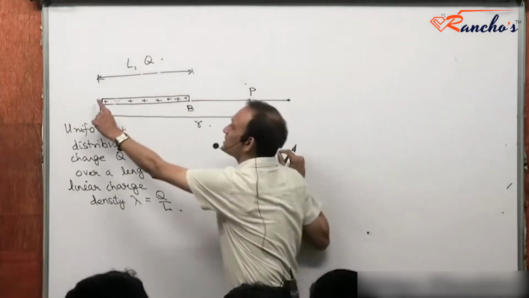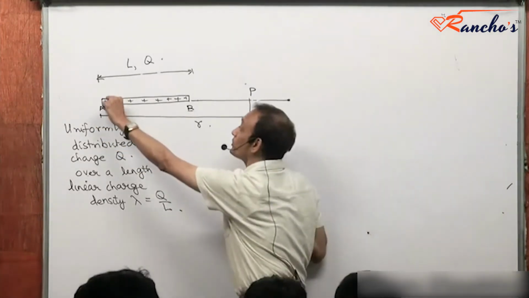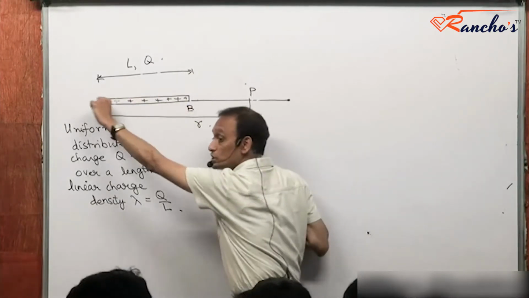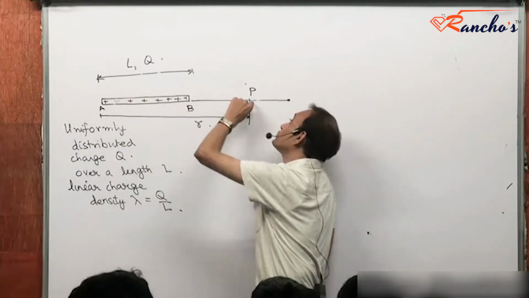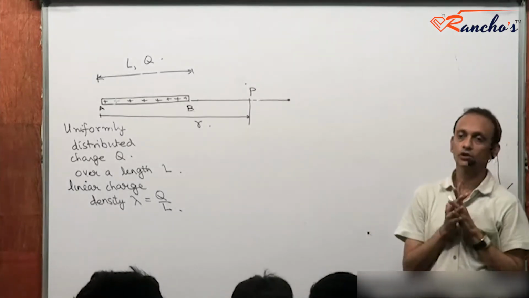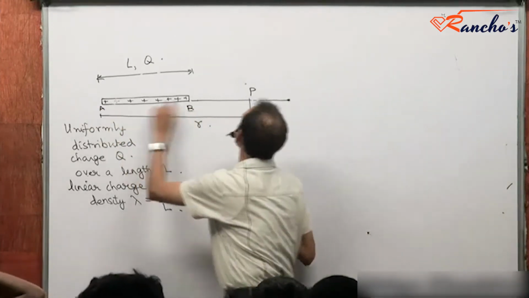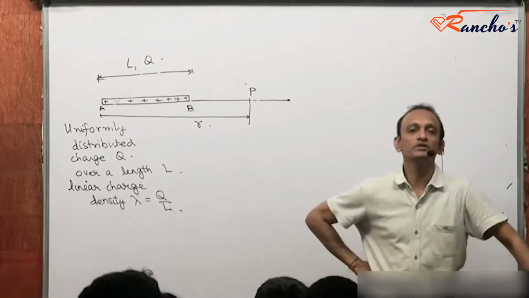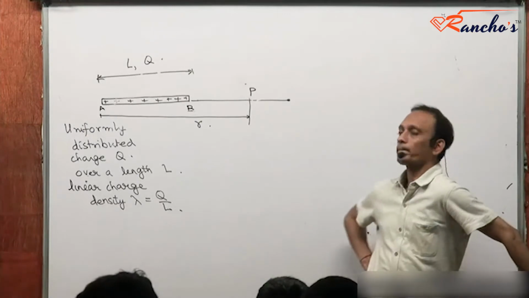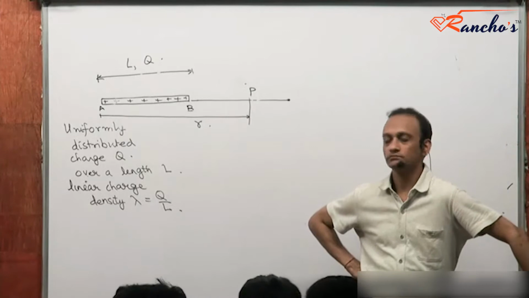If there was a point charge at A, then it would have been KQ by R. But now it's not a point charge. It's a continuous collection of charges, and I want to compute the potential at the point P because of this continuous collection of charges. Do you understand what I'm addressing here?